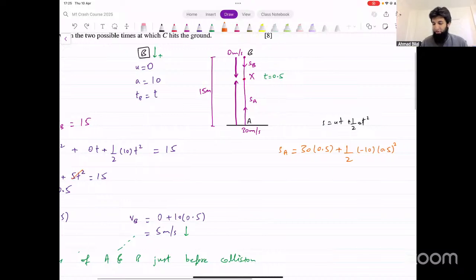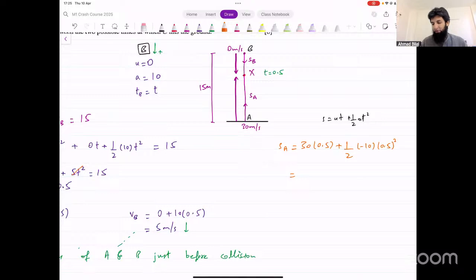Let's see what this turns out to be. Can somebody do this calculation quickly? 15 minus 5 times 0.25. What do you get from this? 13.75. Okay, thank you. 13.75, that's the displacement that we get from this.